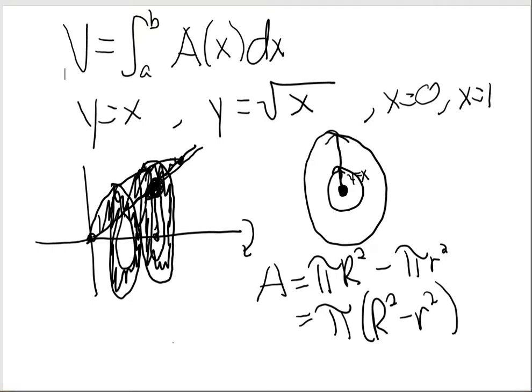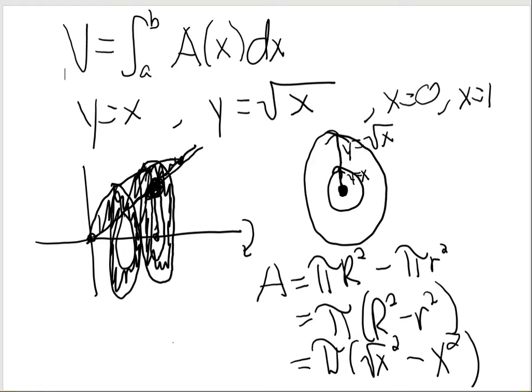And what about our second longer radius? Well, that's y equals square root of x. So this works out nicely that it's going to be our larger radius squared minus our smaller radius squared, where those radii are just our functions. So it's going to be the top function squared minus the bottom function squared.